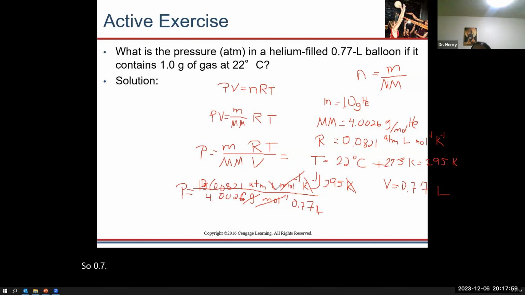Okay, so what do you guys end up with? So we should end up with how many sig figs? Lowest number? Is it 7.858?